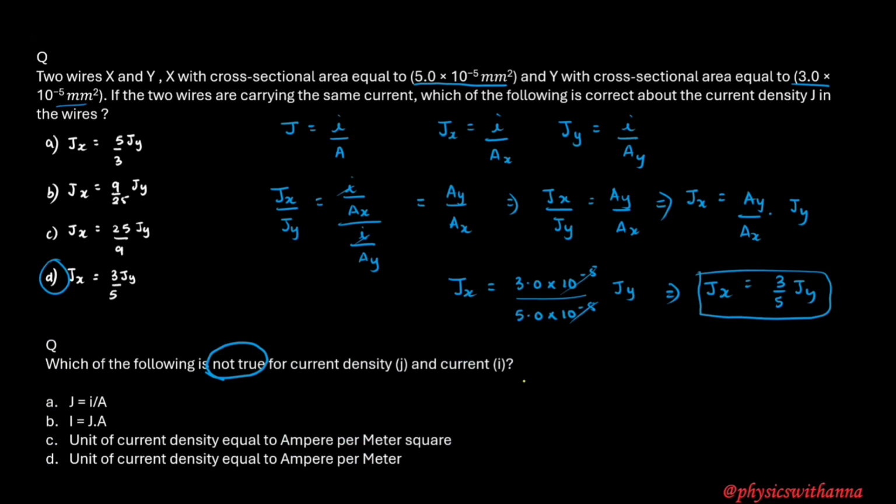Now, current density is defined as J equals I over A. Then we can rewrite I to be equal to J into A. From this expression, we know the unit of current density is ampere per meter squared. So out of these options, option A is correct. Option B is also correct. Option C says the unit is ampere per meter squared, which is also correct. Then we have option D that says current density is equal to ampere per meter, which is an incorrect statement. So this should be my answer, option D.